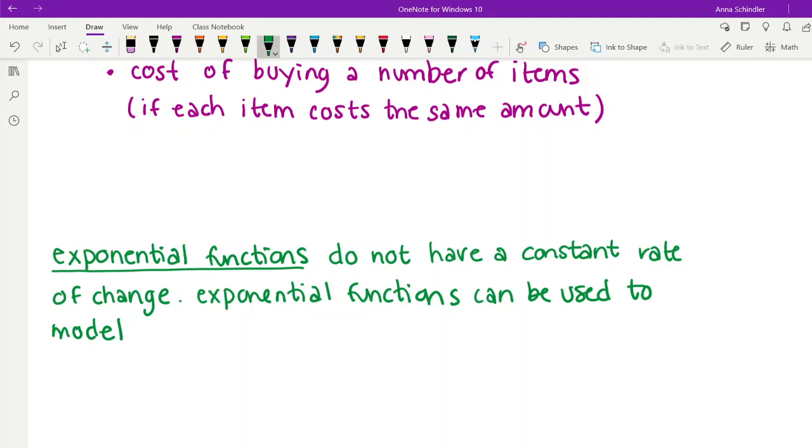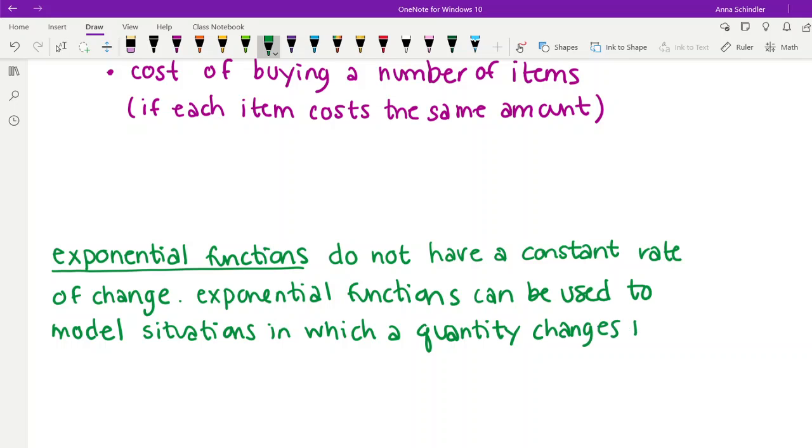Exponential functions can be used to model situations in which a quantity changes more quickly when the quantity is greater.